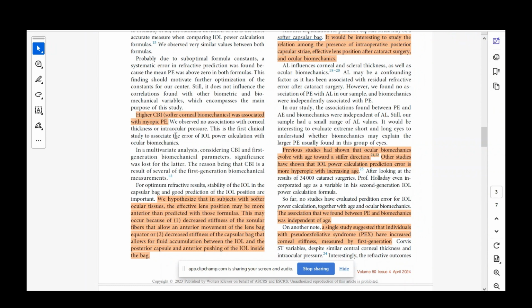Such corneas show a myopic outcome. If you have a very high CBI, such corneas will have a myopic outcome.